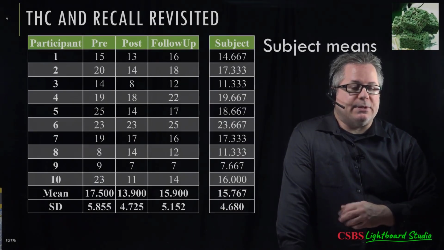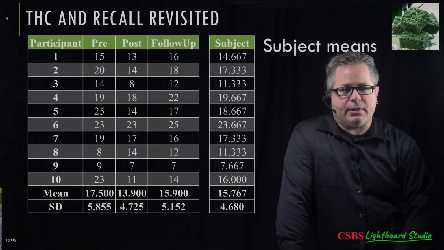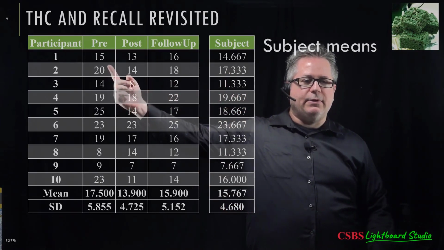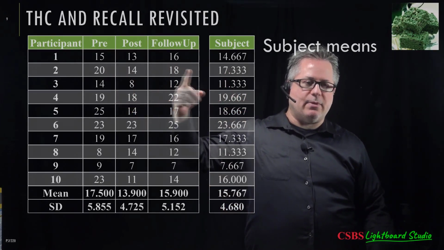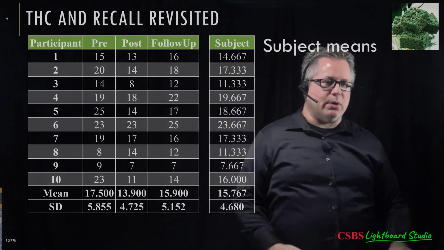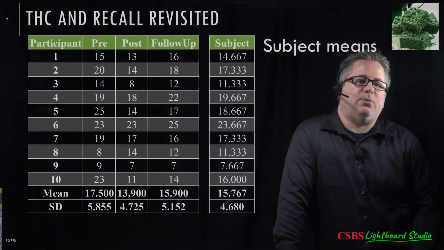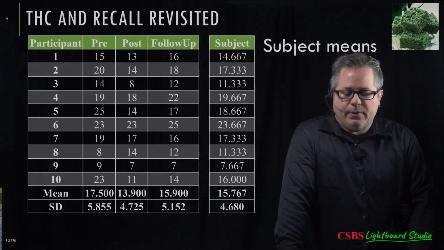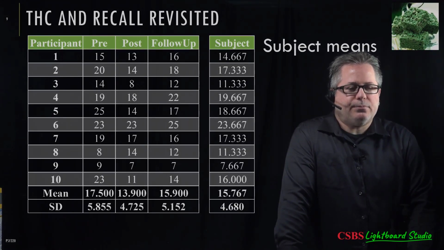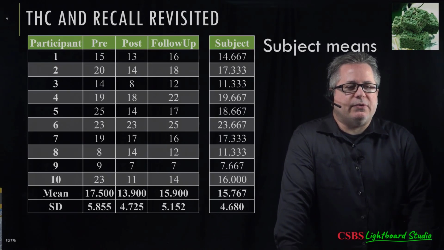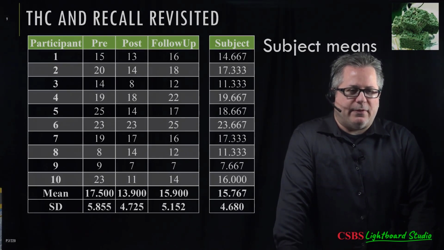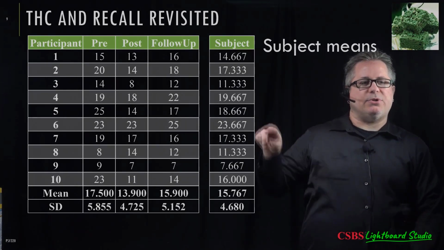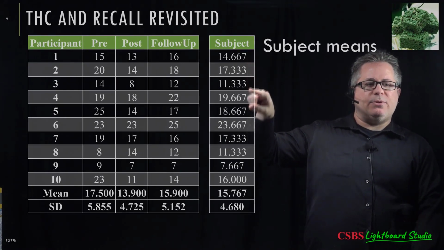So just like I mentioned a second ago, we can actually create subject means, right? So that part's easy. 15 plus 13 plus 16 divided by 3, I get that subject 1's average is 14.667. And what you can start to see is, if you ignore THC for a second, you just start to see which people have, on average, better or worse recall, right? So these are starting to look like some individual differences.